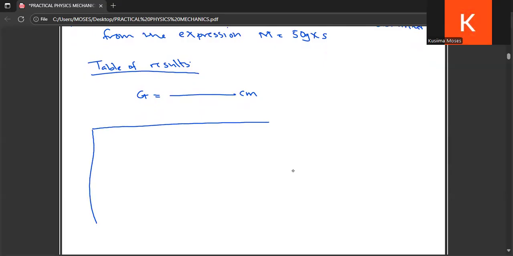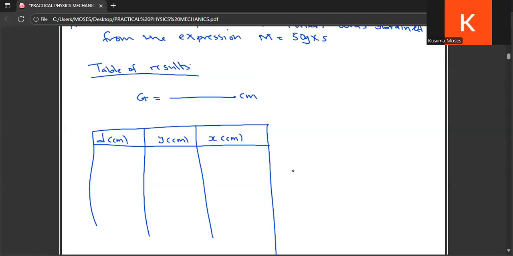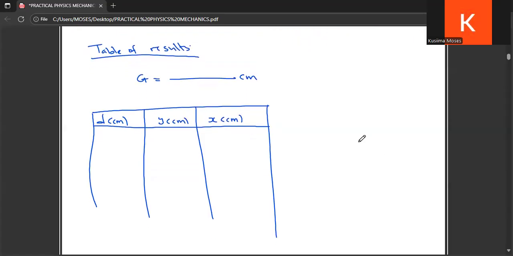We have D, then we have Y, then we have X. So here we have our D, we put the unit centimeters. Then we have our Y also in centimeters. Then we have our X also in centimeters. They must be well written in the table.